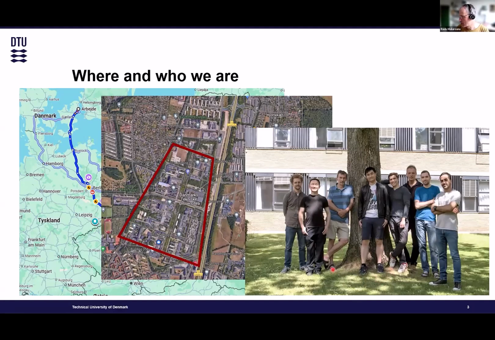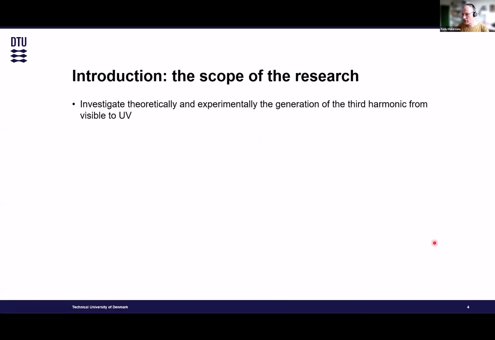That's the group as it is now, with some alumni and guests. And Maxim, as I said, the main promoter, just finished his PhD on these surfaces. What we are trying to do in this project is to investigate, both theoretically and experimentally, the generation of third harmonic from visible to UV using metasurfaces.